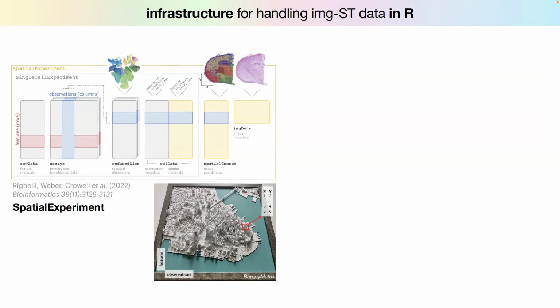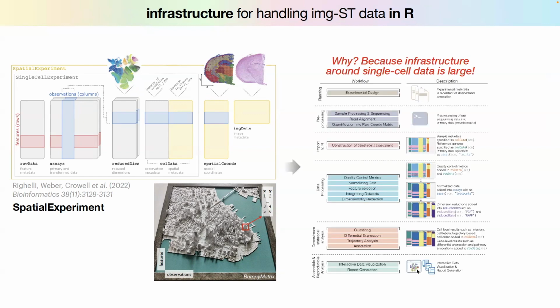And the reason why we want to do that is because there's tons and tons of infrastructure around single cell data. So a lot of the methods from single cell we can also use for spatial transcriptomics. So it's really great when, at least in our computer, they work out of the box by relying on a similar file format.